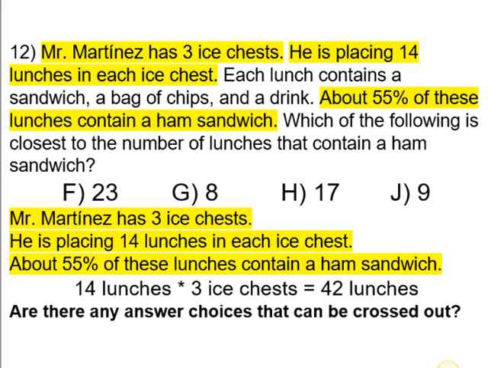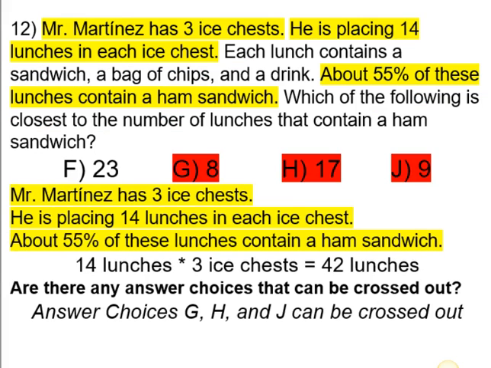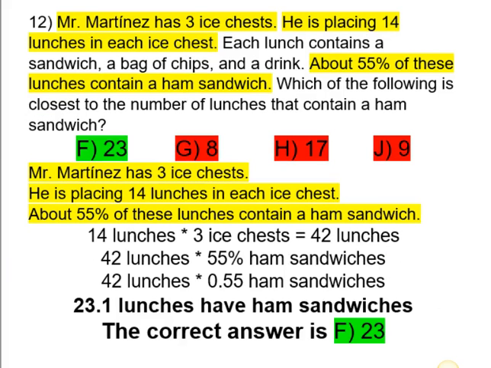And basically what we're saying is, is there a number that is more than half of 42? A little bit more than half of 42 lunches. If you said we can cross out answer choices G, H, and J, you are correct. Our correct answer is F, 23.